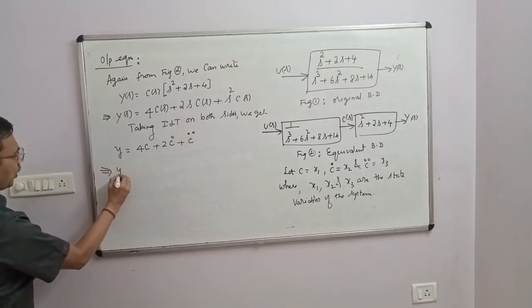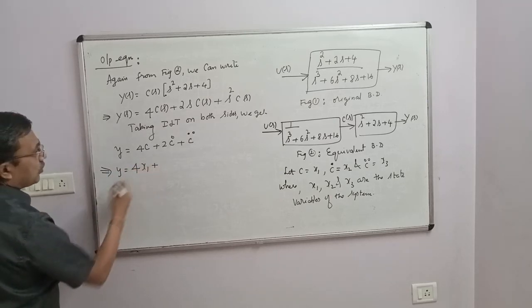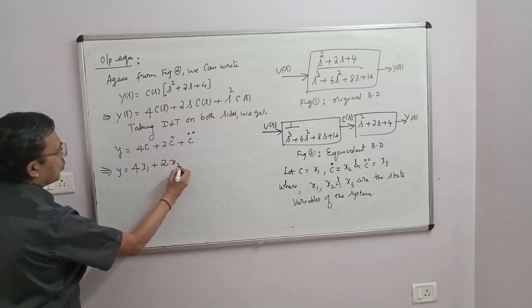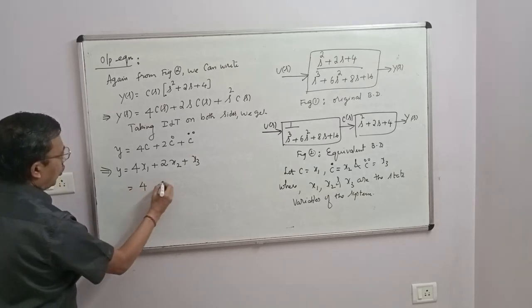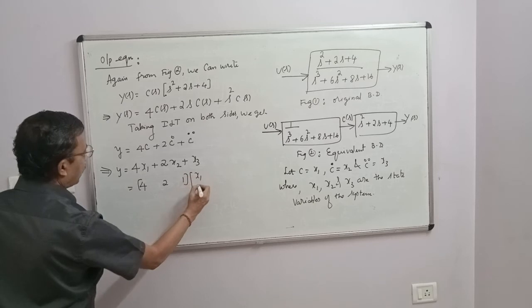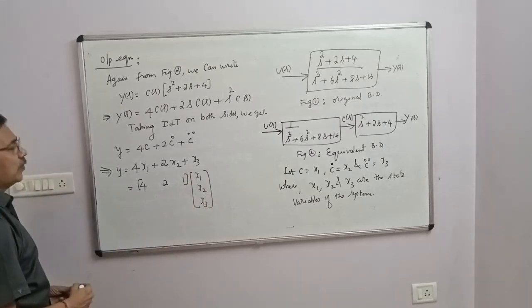This implies y is equal to c means x1, 4 times x1, c dot means x2, so 2 times x2, c double dot means x3. So this is nothing but 4 2 1 multiplied by the column matrix x1, x2, x3. This is the output equation.